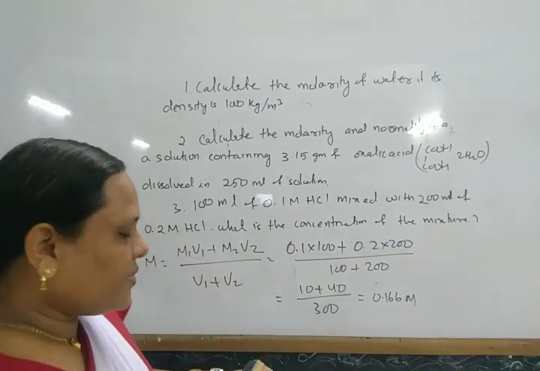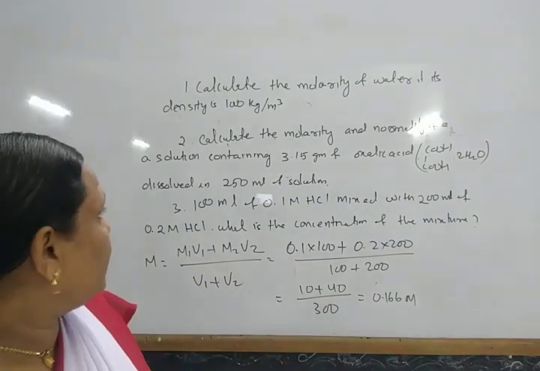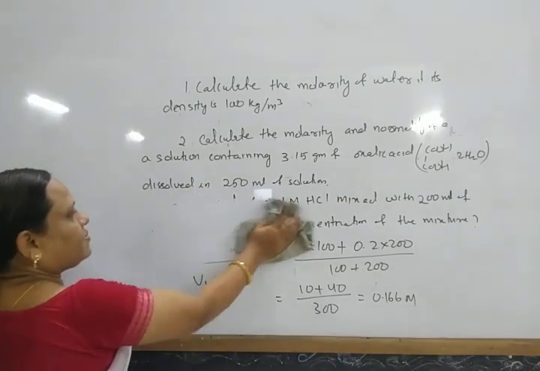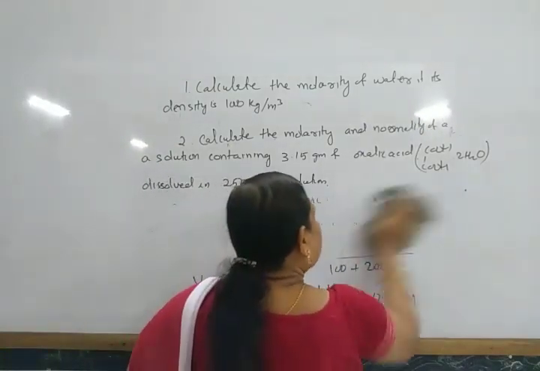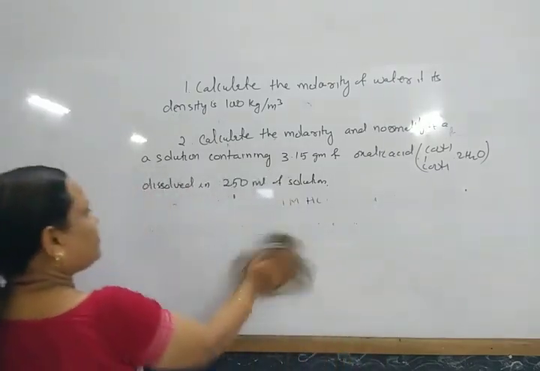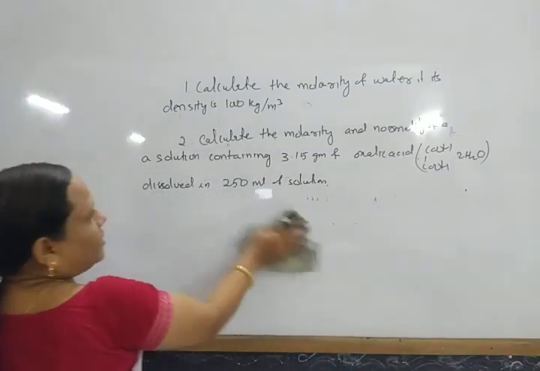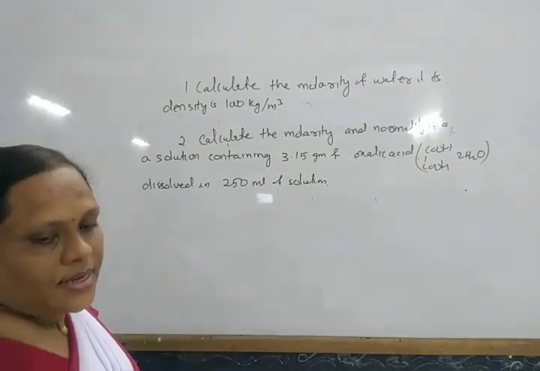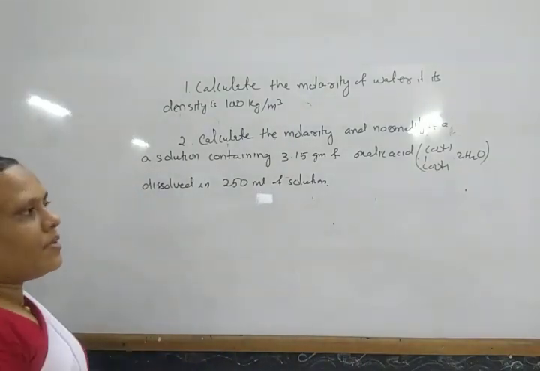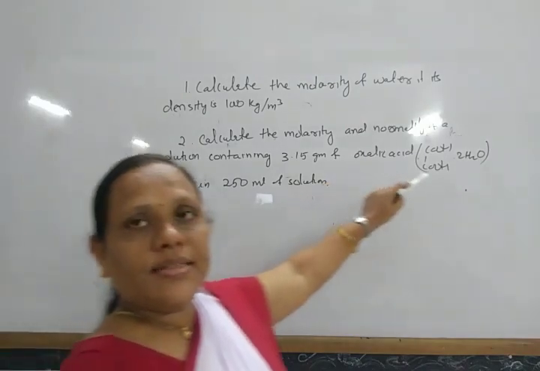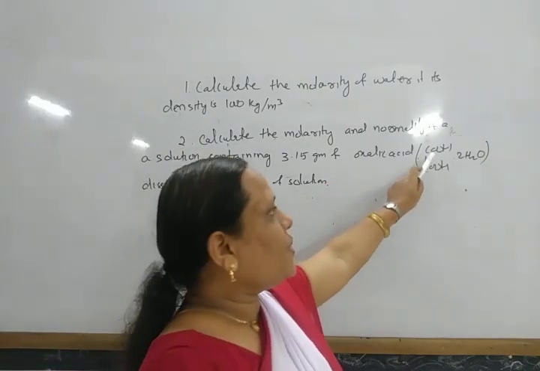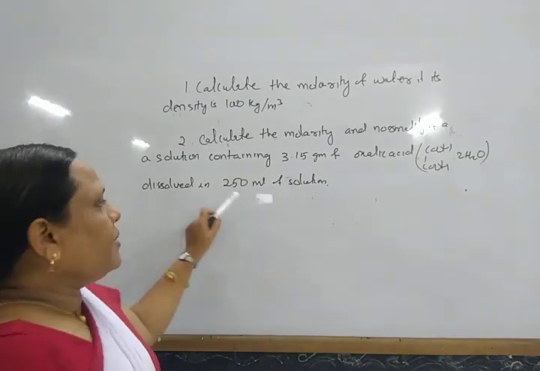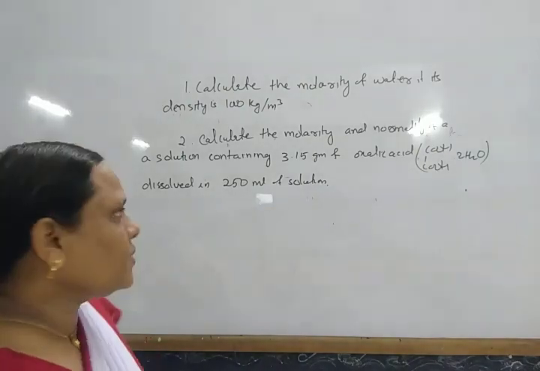Next, question number 2. Calculate the molarity and normality of a solution containing 3.15 gram of oxalic acid, with the formula (COOH)2.2H2O, dissolved in 250 ml of solution.